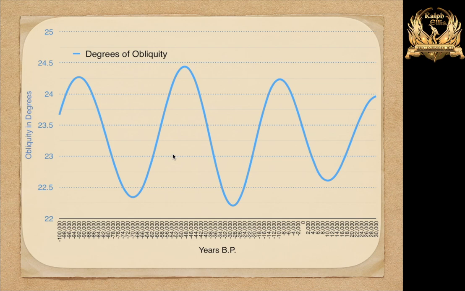And we can check that this data is correct, because this is my own graph. I've plotted this graph. We can check it is correct by looking at today's data. Well, before that, we'll have a look at the wavelength. So this sine wave, this cycle, is a 40,000 year cycle. So precession comes in at 26,000 years, and here we have obliquity at 40,000 years.